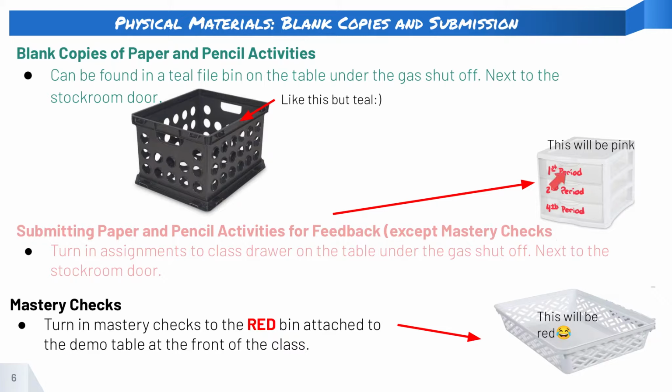When they turn in assignments such as tests and learning experiences, they turn them into their assigned drawer. Mastery checks, which I'll discuss in a few minutes, they turn into the red bin on the demo table at the front of the class.